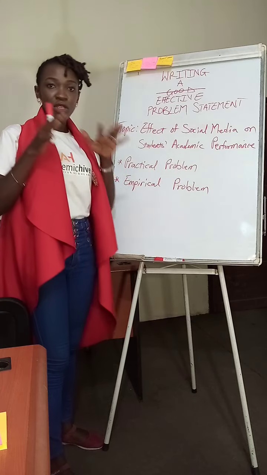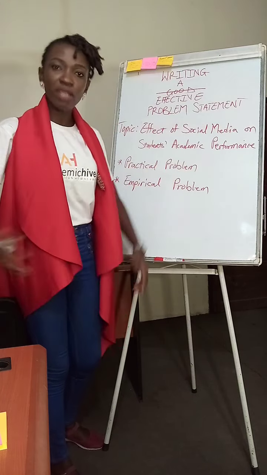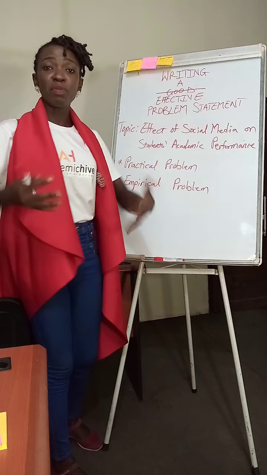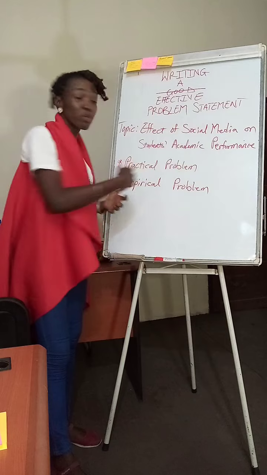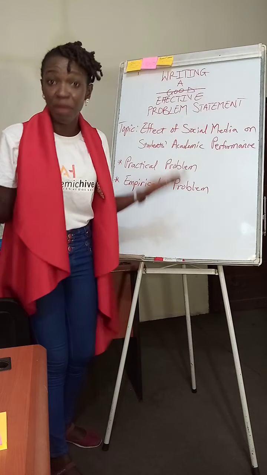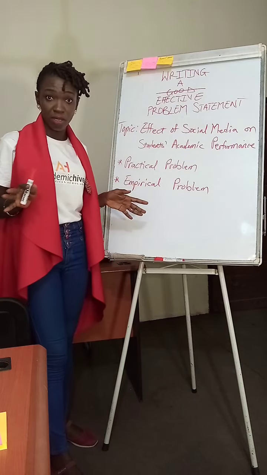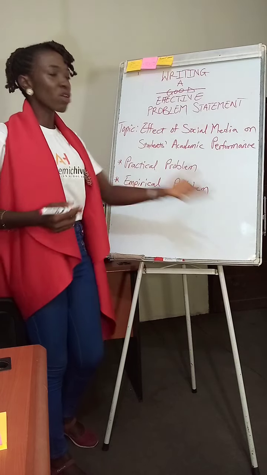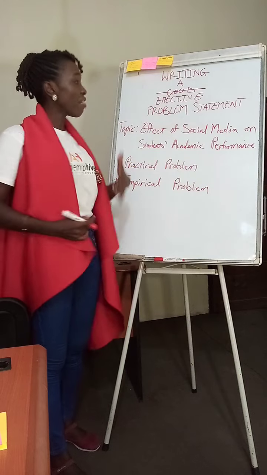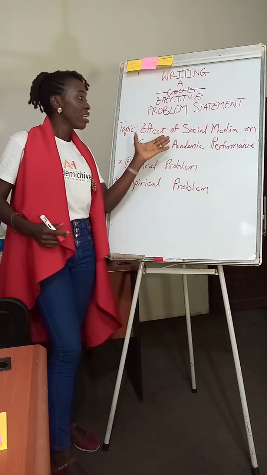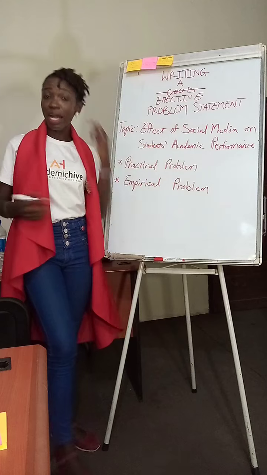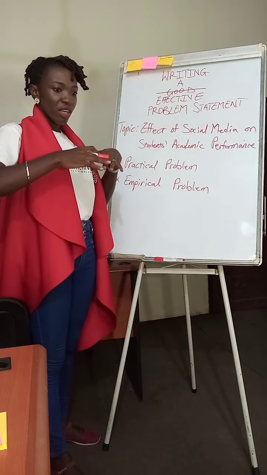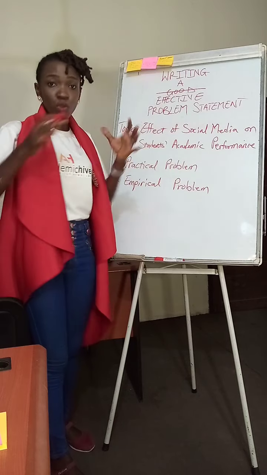The empirical problem is where you begin to discuss what is the discussion in the literature, what are people saying about the effect of social media on students' academic performance. So the empirical problem could be that different scholars or researchers have also investigated how social media affects students' academic performance. You're mentioning these scholars, you're mentioning these works, okay?